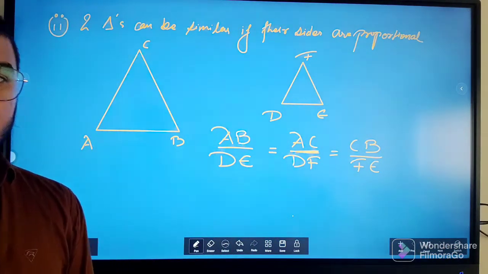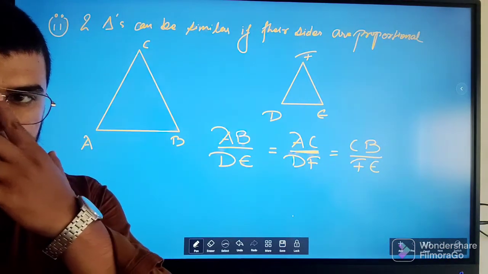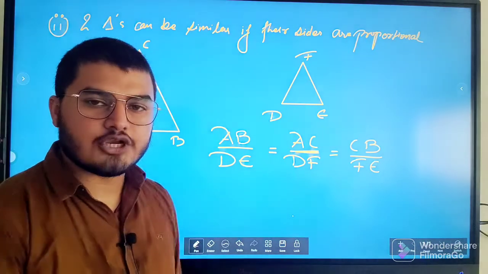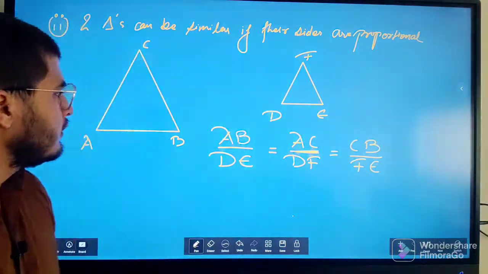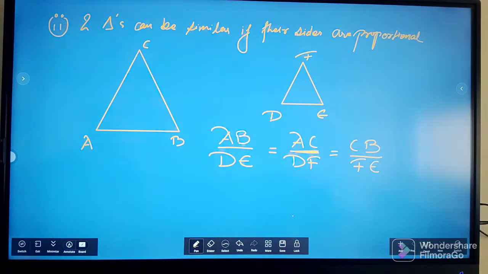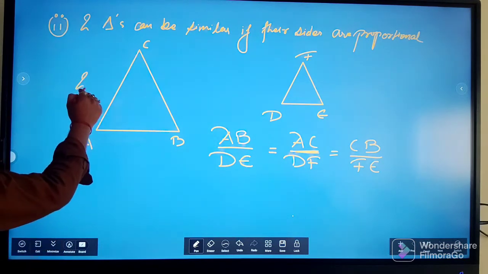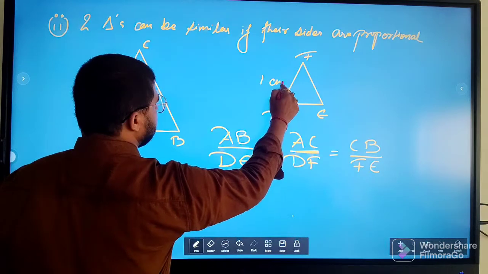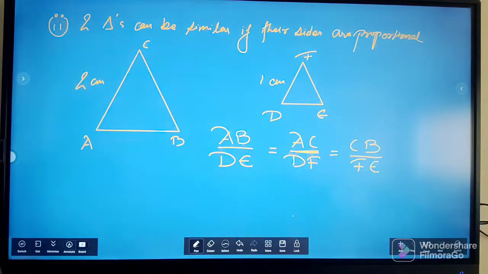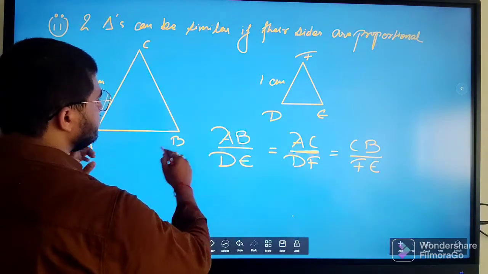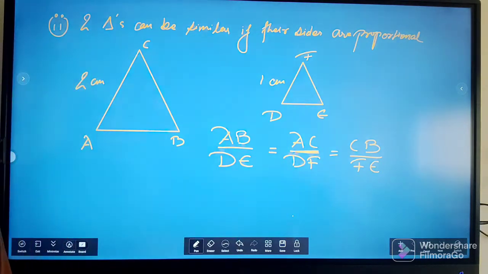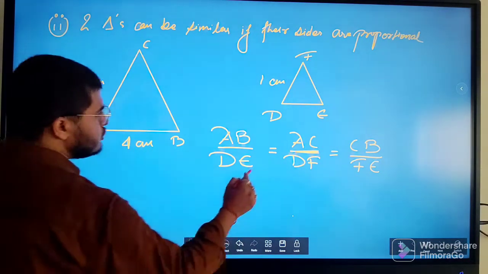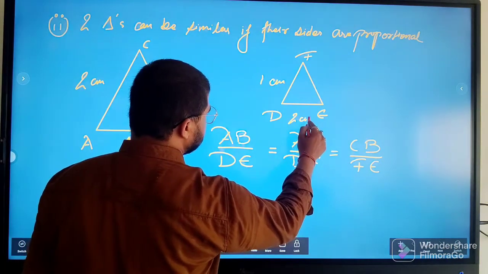When the ratio of their sides is the same, the value of the ratio is constant throughout. For example, if this is of 2 centimeter and this is of 1 centimeter, the ratio will be 2:1. So if this is of 4 centimeter, this should be of 2 centimeter.